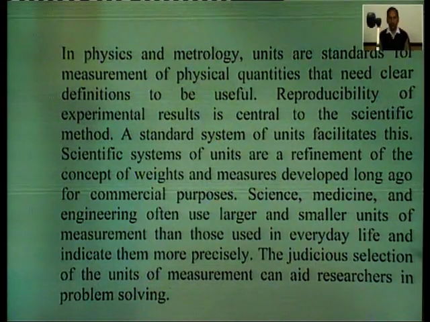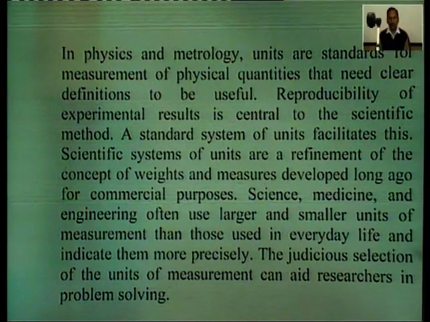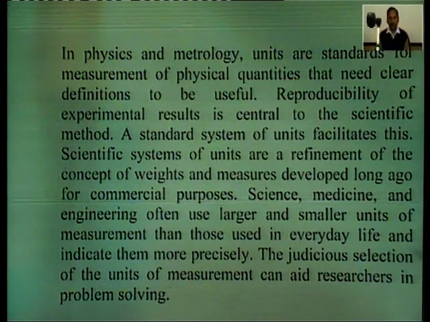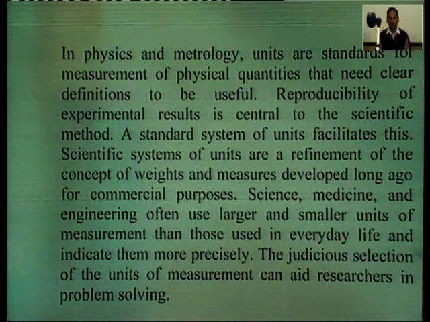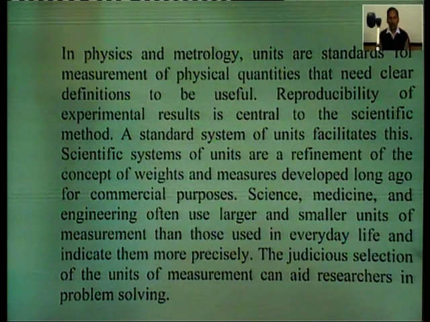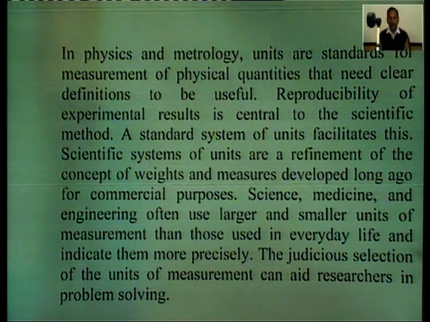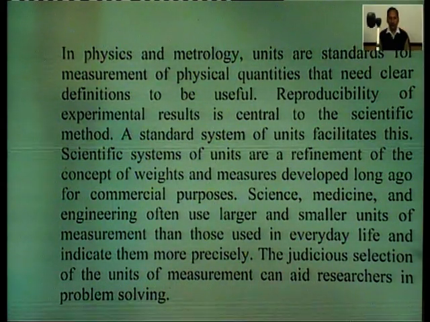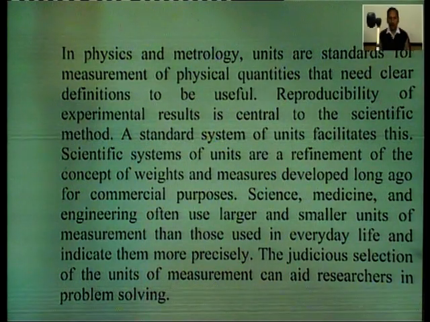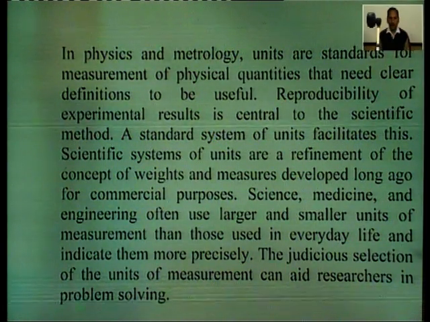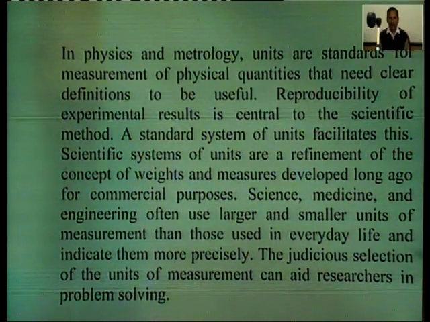Scientific systems of units are a refinement of the concept of weights and measures developed long ago for commercial purposes. Science, medicine and engineering often use larger and smaller units of measurement than those used in everyday life, to indicate quantities more precisely. The judicious selection of units of measurement can aid researchers in the problem solving process.